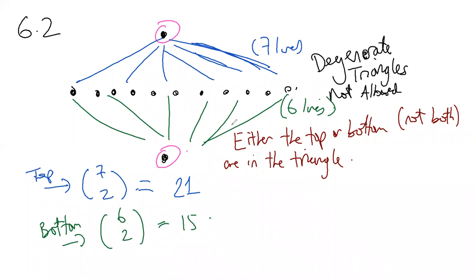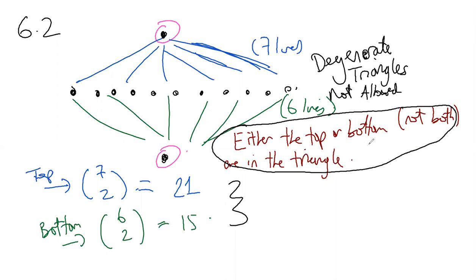These are disjoint and exhaustive. The statement that either the top or bottom, not both, are in the triangle covers exhaustiveness and disjointness in one go: you have to be one of them, but you can't be both. So you can safely add this together to get your final answer of 36.